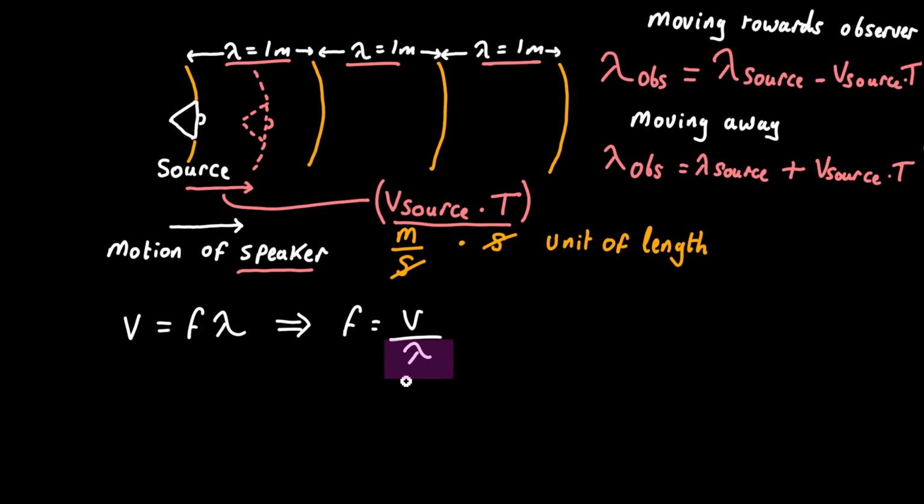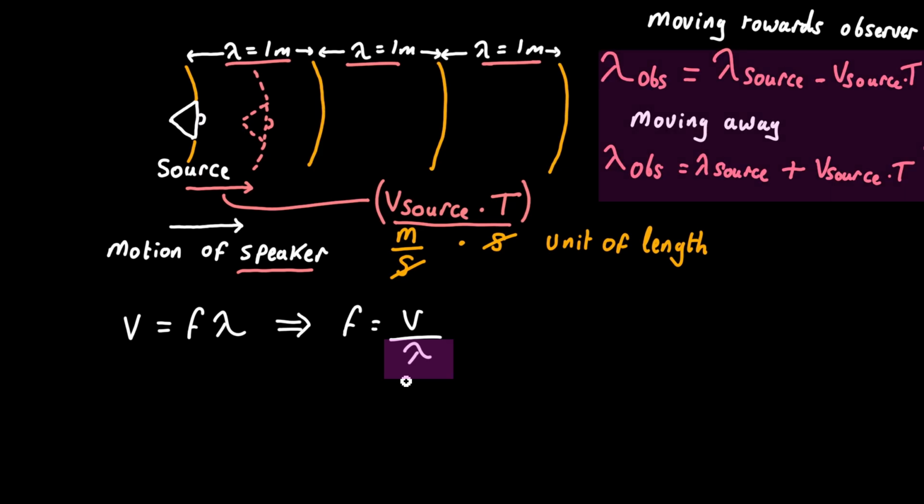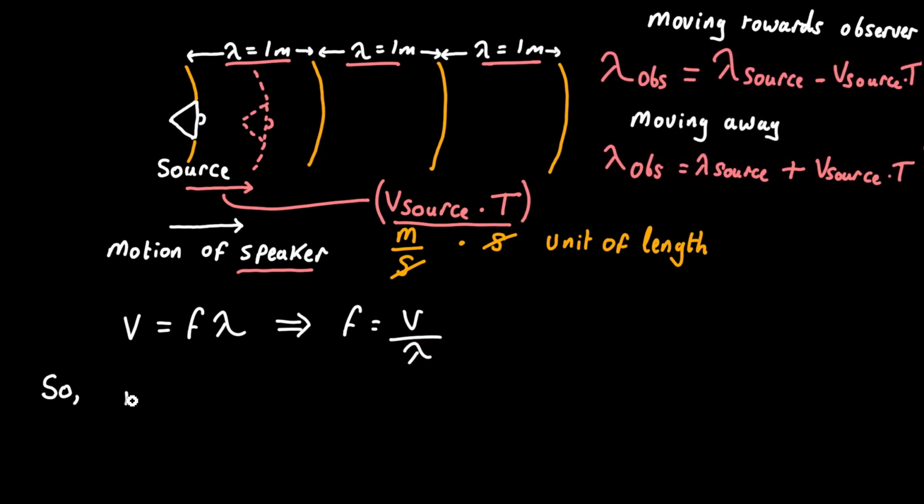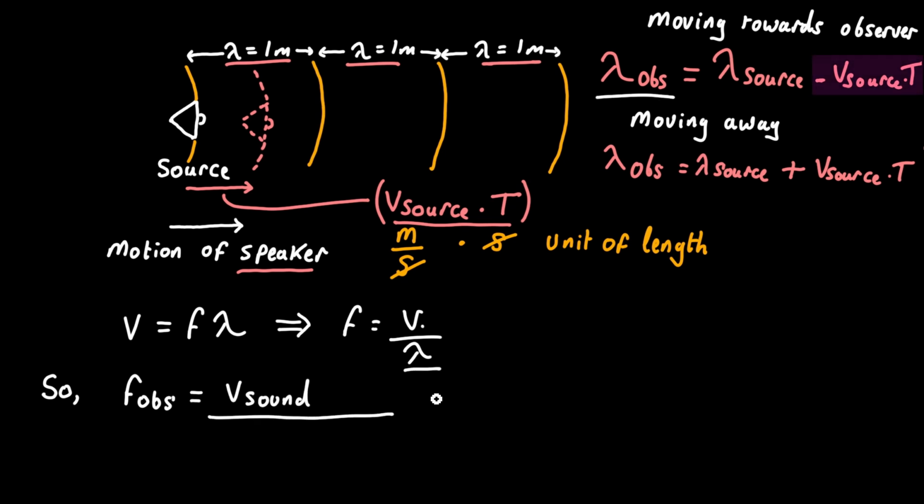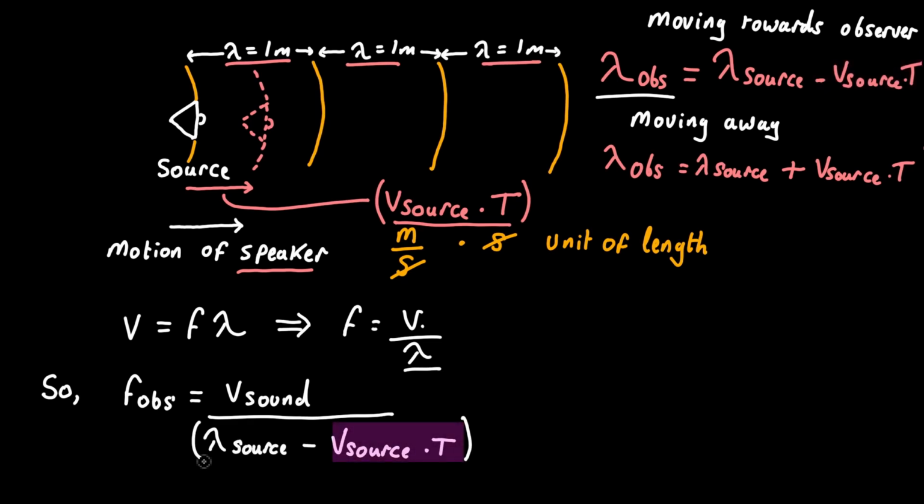We can expand out the denominator here with our wavelength equation above. So the frequency observed by the observer is equal to the speed of sound in air divided by this reduction in wavelength as the source of sound is moving towards the observer.